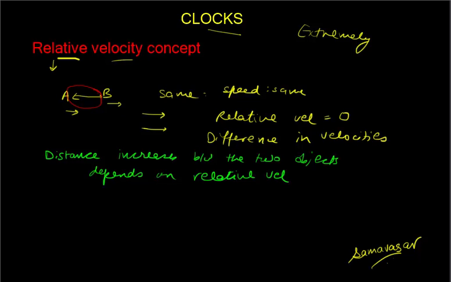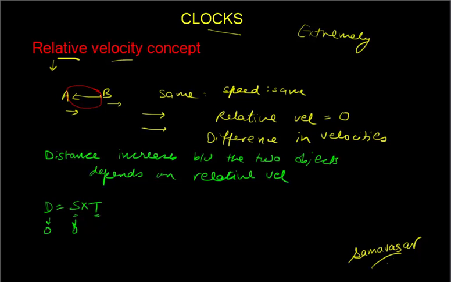So if there are A and B, two people, and they run at the same speed, it means that the relative velocity is zero. So the distance between them will not increase, because distance is equal to speed into time. Just substitute relative speed or relative velocity, and time is the time. If this is equal to zero, whatever time it takes, the distance increase between them will be zero.